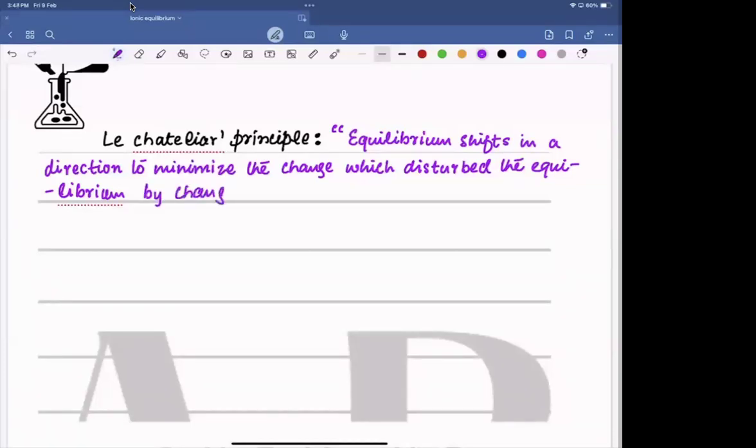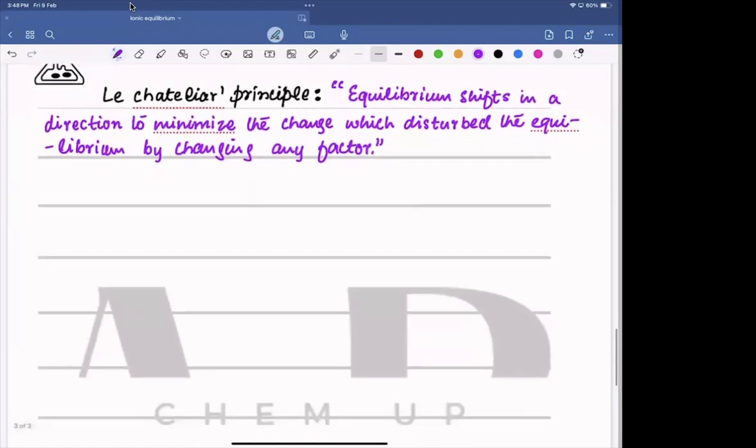So if the equilibrium is established and any one of the factors is changed, and due to that change, there is no more equilibrium, the position of the equilibrium shifts in a direction which actually minimizes that change, and as a result, equilibrium is restored again. Is this understandable to all of you?